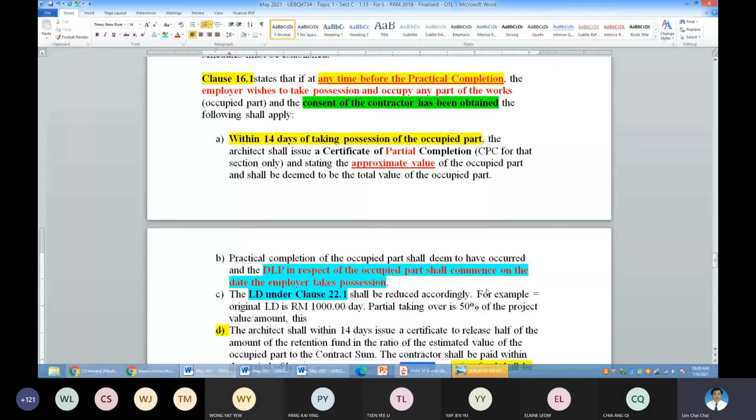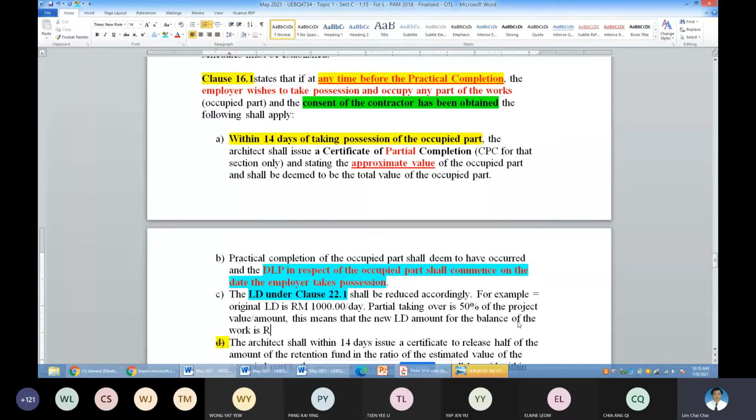The new LD amount for the balance. The keyword here is balance. The new LD amount, for what? For the balance of the work, is RM 500 per day. So this is something for you to think about.